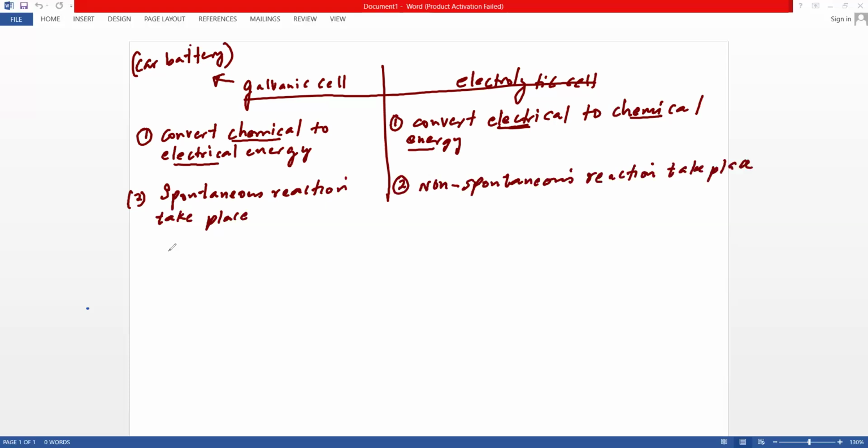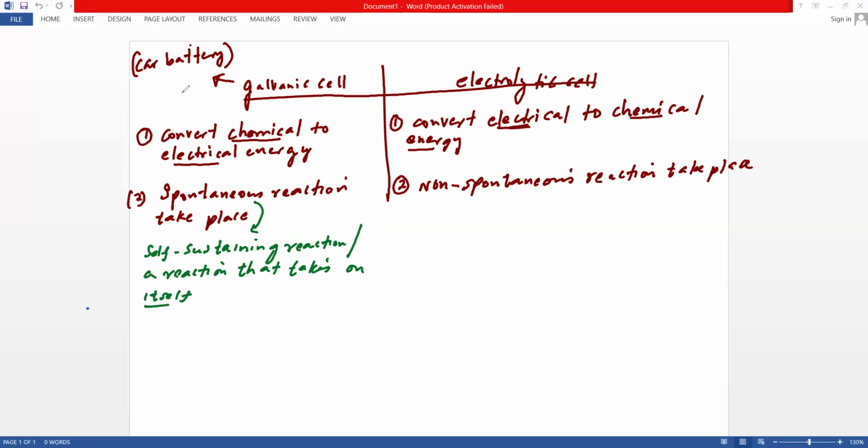What do you mean by a spontaneous reaction? It is a self-sustaining reaction, a reaction that takes place on its own.